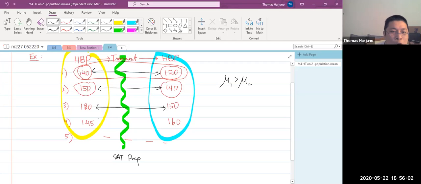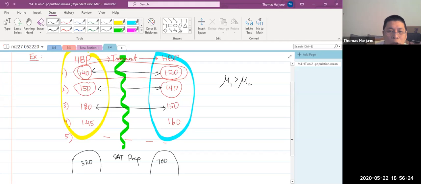But how do we use this then? Before your SAT prep, when you go to an SAT prep, they take a preliminary test, right, to see where you're standing. Let's say your score is 520, okay, and then after 8 weeks with them in the summer, let's say, your score increased to 700.